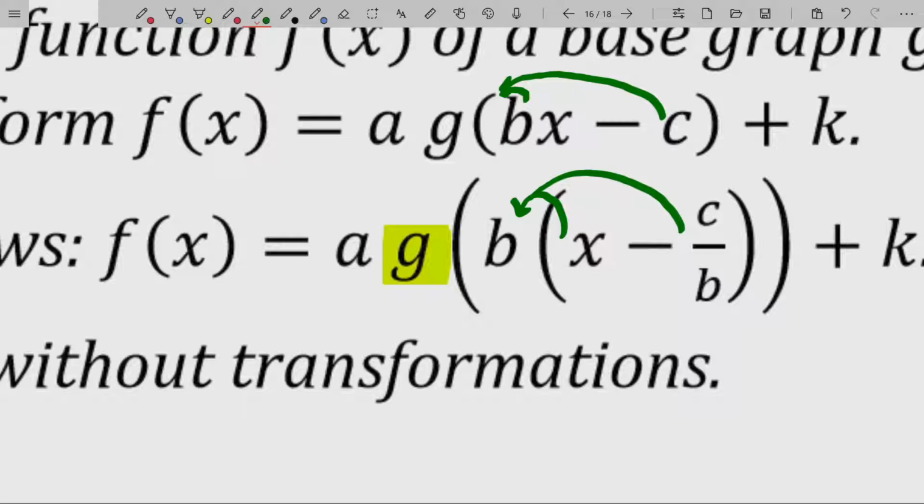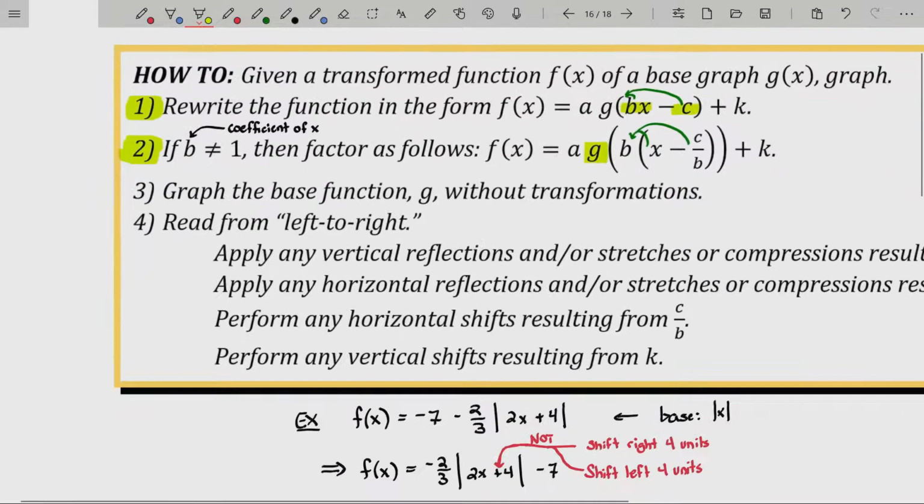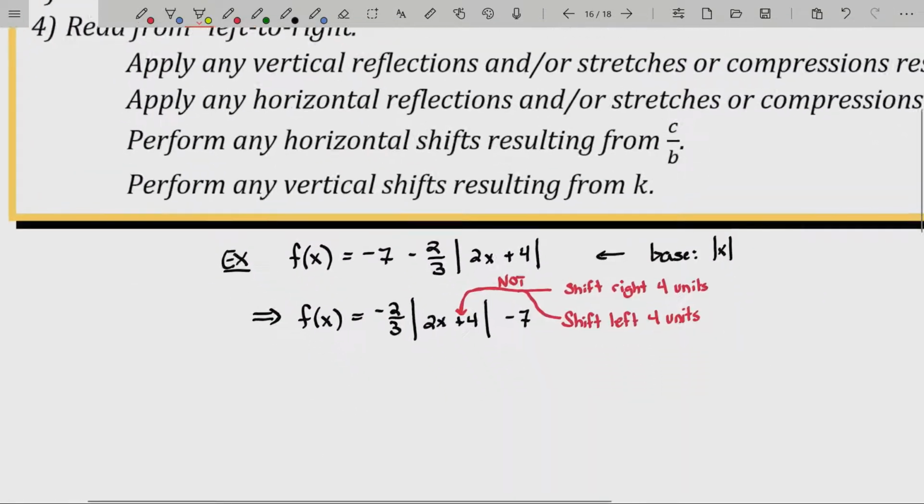Remember, factoring is division, so that's basically what we're doing here. We're dividing both of these terms by b when we factor by b. The reason why you do that is so you can see the actual shift. So let's go ahead and do that in our sample case down here.